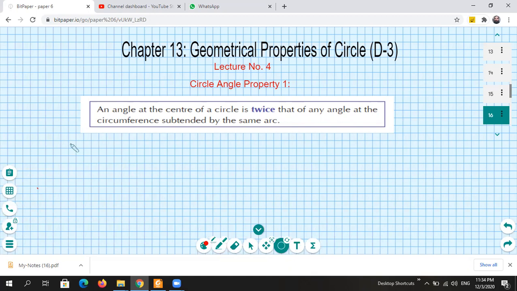So suppose this is a circle and this is center of the circle O. So according to the statement, angle at the center by the same arc. So we are taking an arc length.